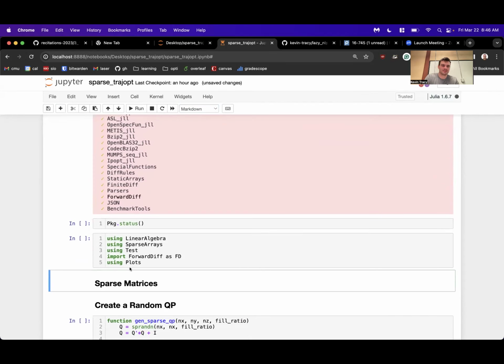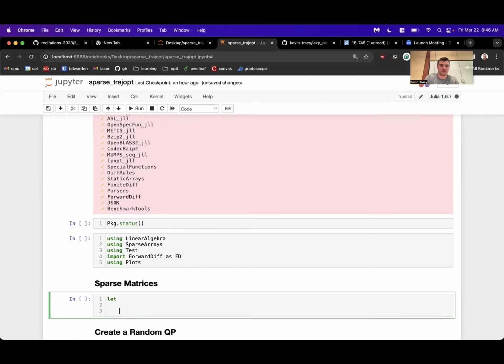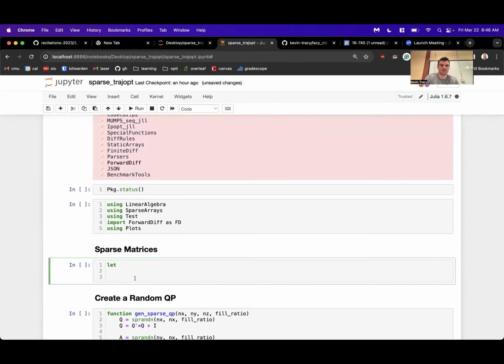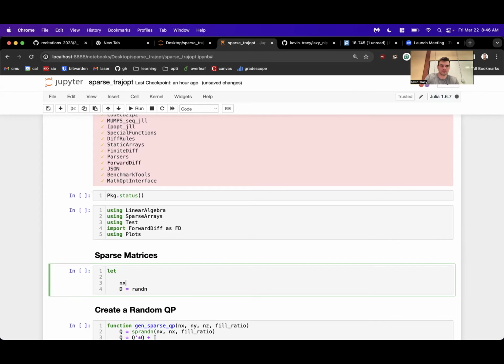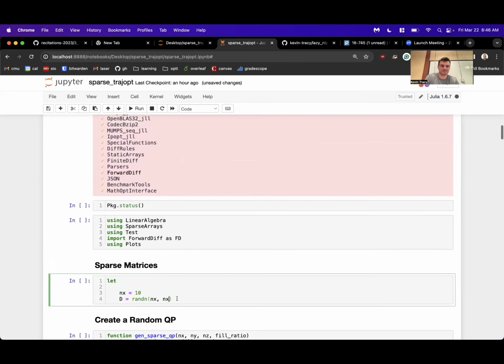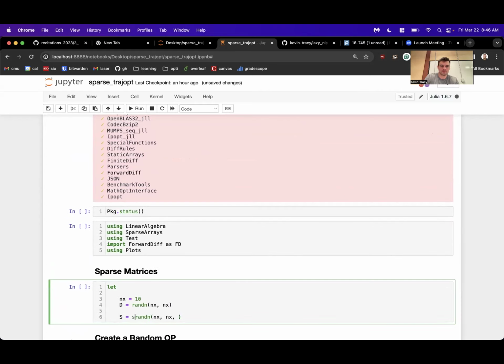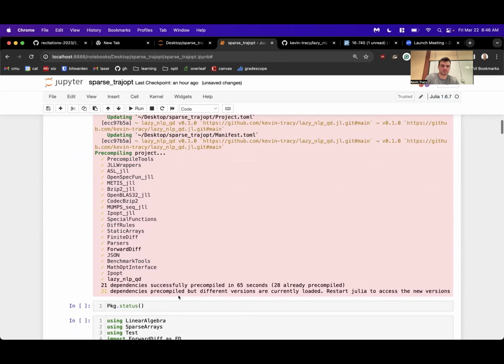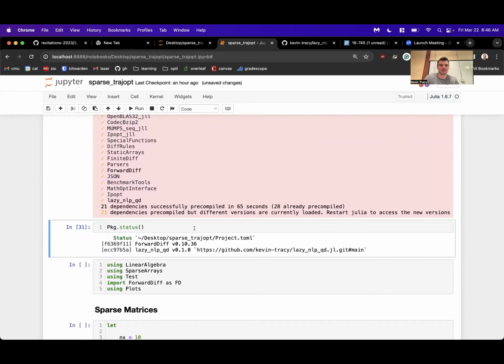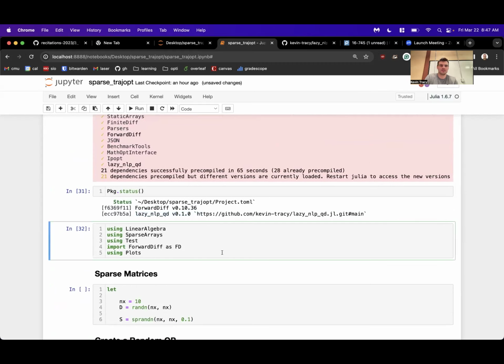Sometimes this takes a long time. Okay, now it's done. Take a look at our package status. In this environment I just have ForwardDiff and my LazyNLPQD. Go ahead and load these.